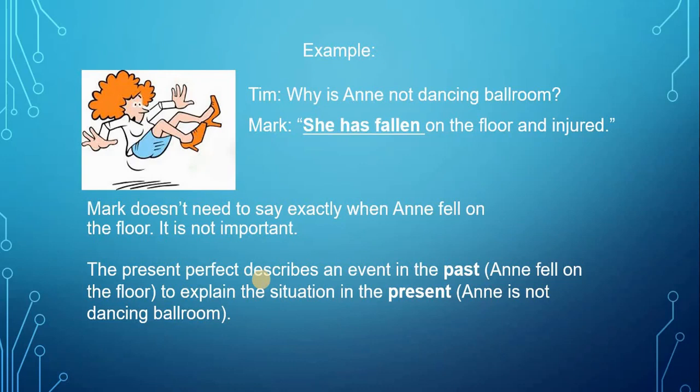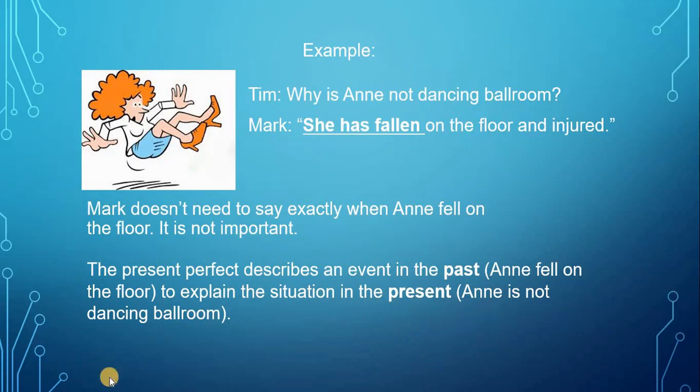So the present perfect tells us that the action, the accident, is in the past, but we do not know exactly when she fell on the floor. The present perfect describes an event in the past, which is Anne fell on the floor, and it explains the situation in the present.